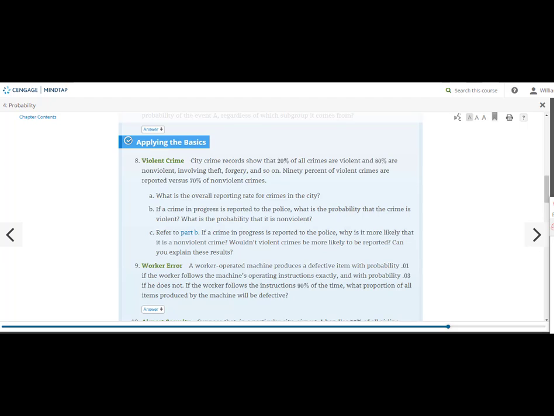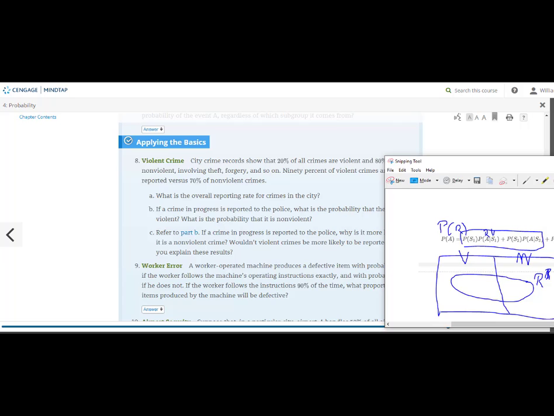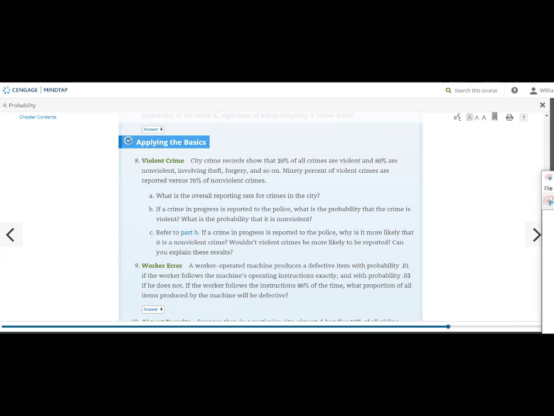Okay, next one. If a crime in progress is reported to the police, what is the probability that the crime is violent? It's a little hard to discern, but that's a given question. So where's the given part and what's the other part? What is the probability that the crime is violent? That's not the given part.